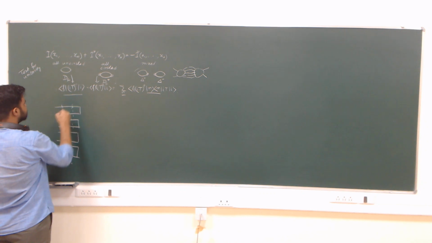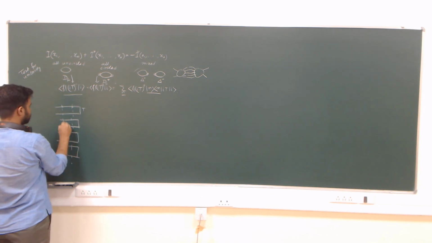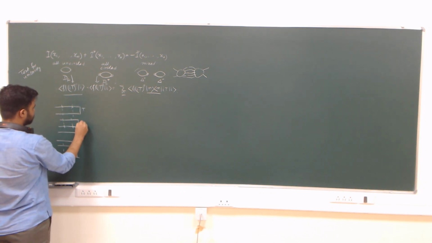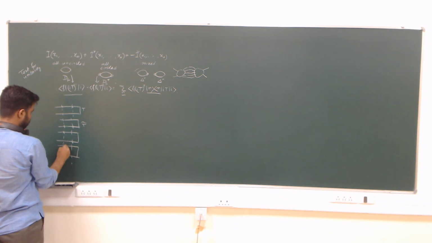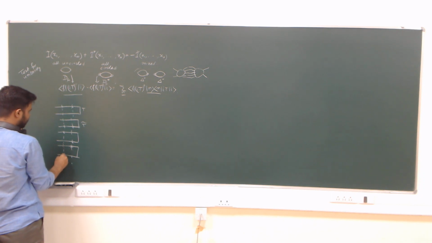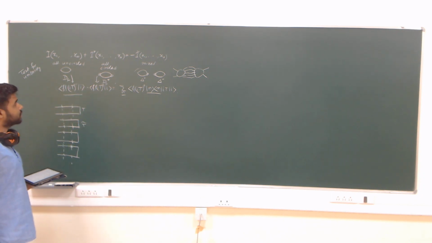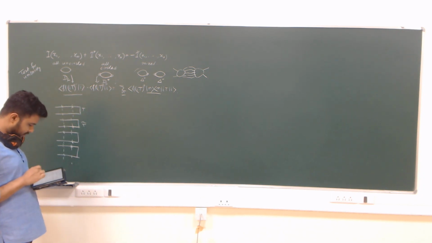So here it was time ordered, here it was anti-time ordered, and this was for time ordering basically, which correspond to this delta plus and delta minus.